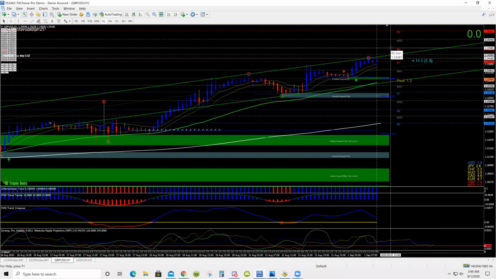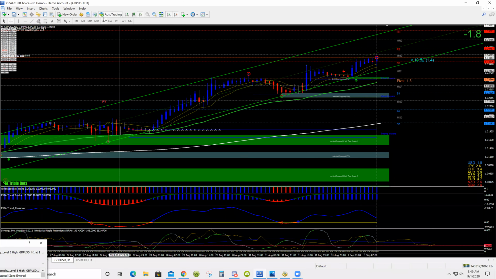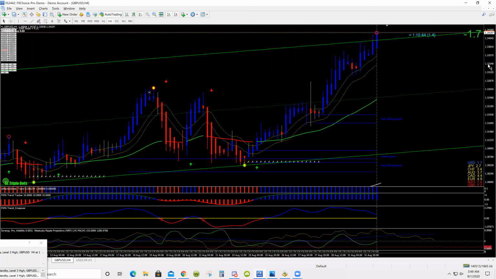I like this one here. So I'm taking the prices from here, right? This is on TradingView. I'm just looking for the price here and going to my easy triple-dot trading system, and it identifies a lot of the support and resistance for you.